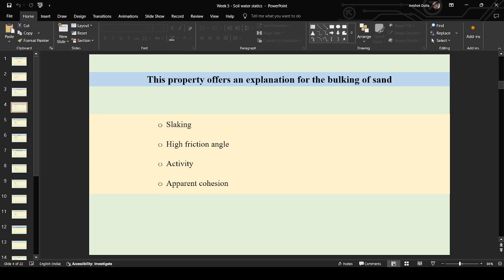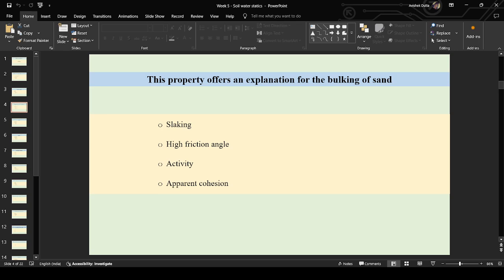Someone has joined now. This is the third question. Yes, I repeat. This property offers an explanation for the bulking of sand. First option, slaking. Second option, high friction angle. Third option, activity.